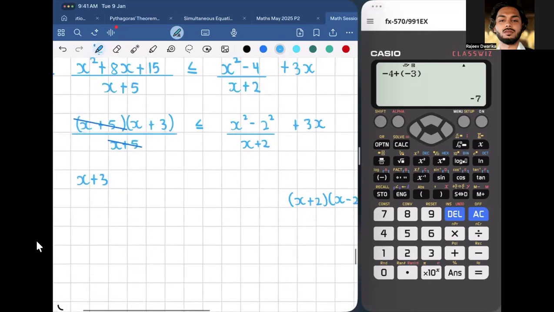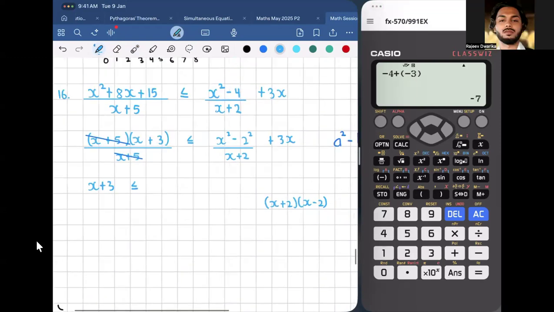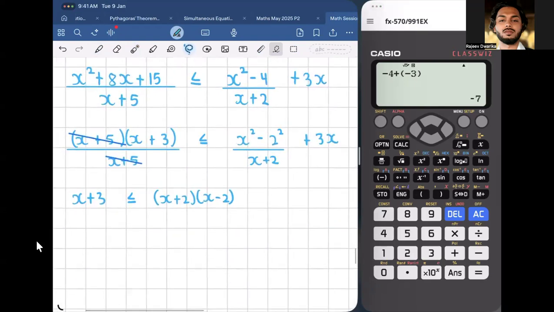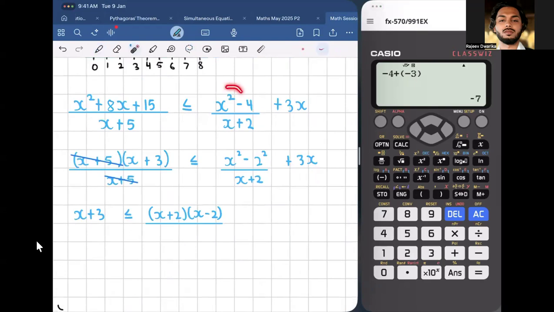So Vanessa, I think you need to help me with this. Let's continue. On the right-hand side, I change the x squared minus 2 squared into x plus 2 by x minus 2. You understand that now? So I change this into this. Tell me if you're confused.